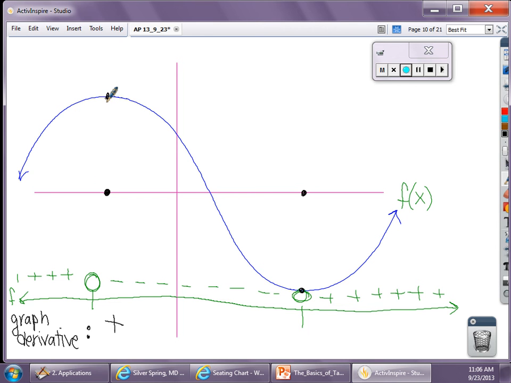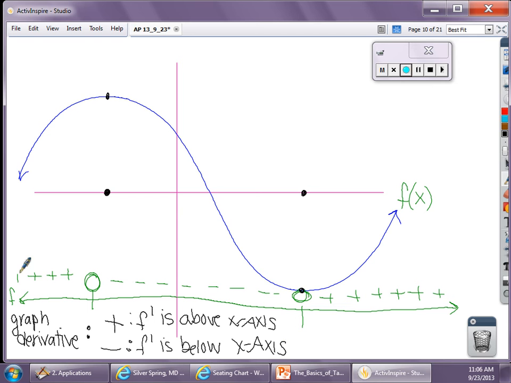A plus sign for the derivative now means that the graph of f prime is above the x-axis. And then the minus sign, f prime, is below. Which should make sense, because all our zeros, we wrote them in as zeros. So your graphs will be a little different, but the general curve will be the same.